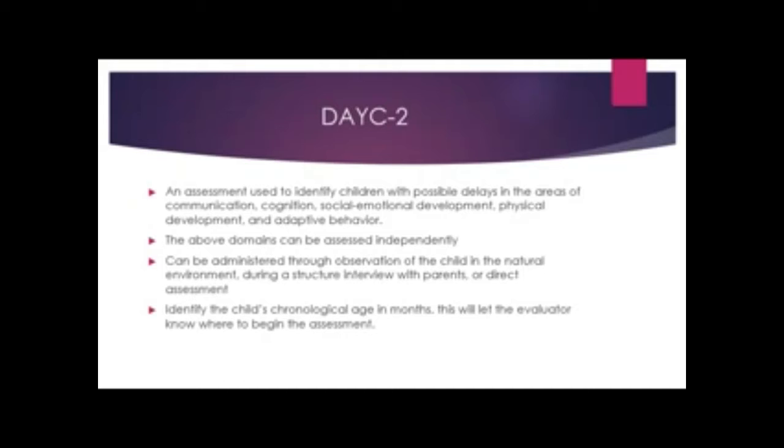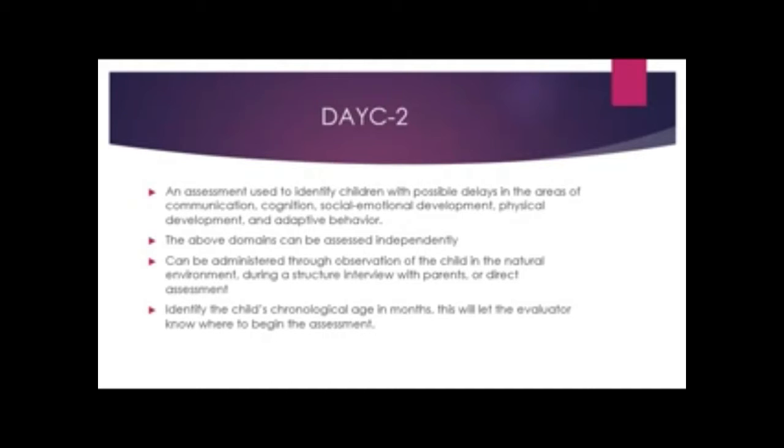There's a separate PowerPoint also in the resource finder to help you administer the DAISY 2 if you never have, but at the top it gives you quick instructions of how to run it, and it's pretty simple. You start at the chronological age.